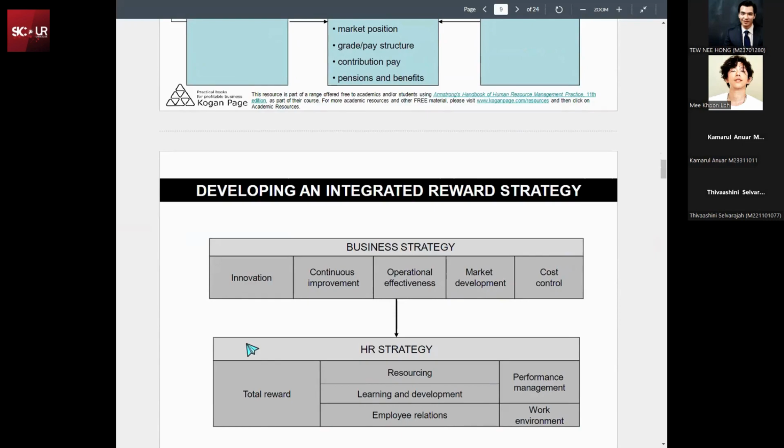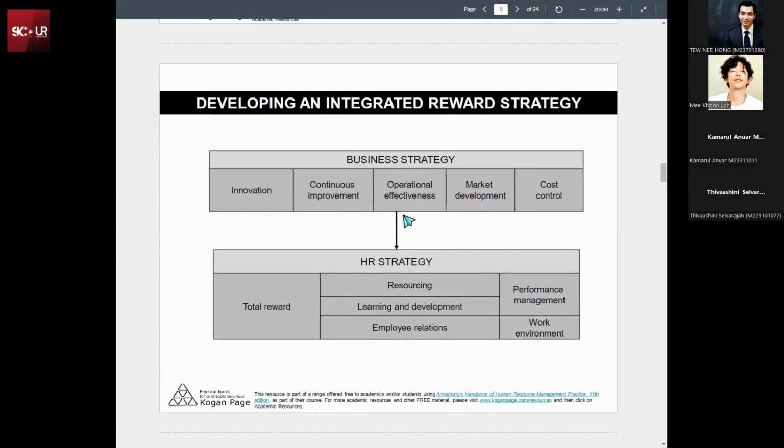In business, we have five focuses. The first is innovation. Again, competitive advantage, innovation must be the first part. Then continuous improvement in whatever function, operational effectiveness, market development, and cost control.